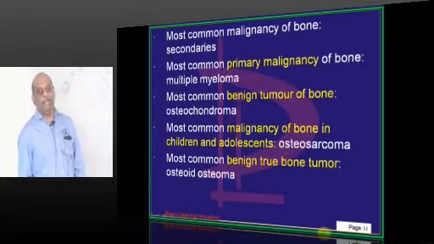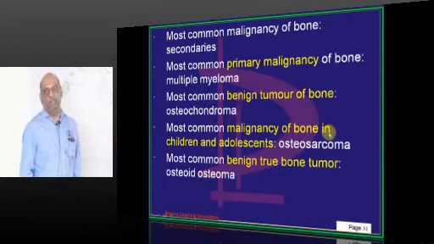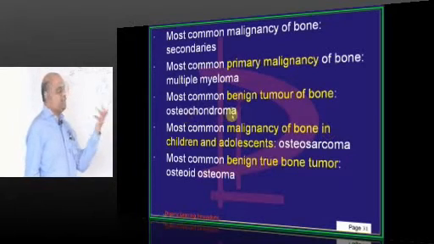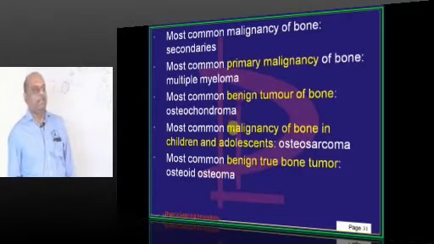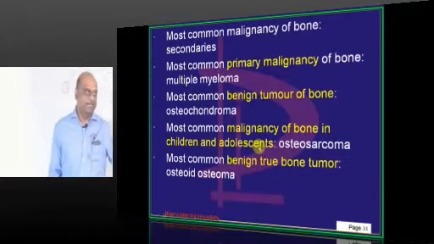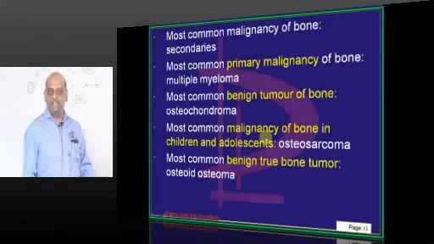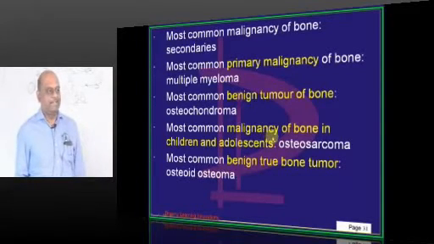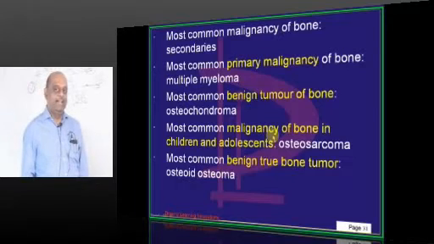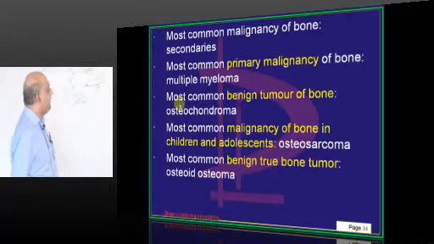Then multiple myeloma is the answer. Most common benign tumor of the bone is osteochondroma. Easy to remember. Bone means bone, joints, musculoskeletal system. Some tumors are chondro, some tumors are osteo, but osteochondroma is dual degree, right? So it is the most common, osteochondroma.